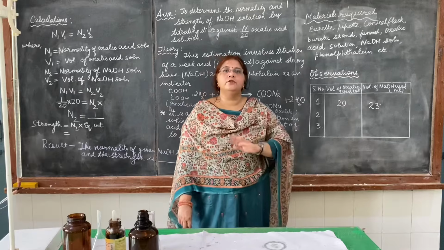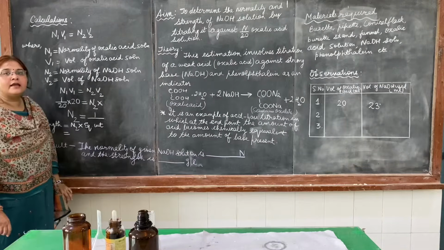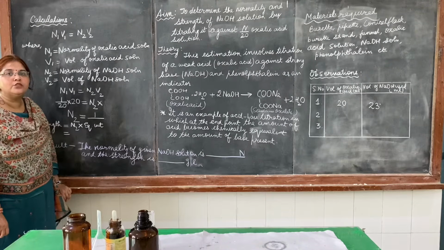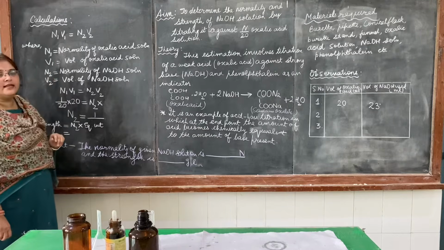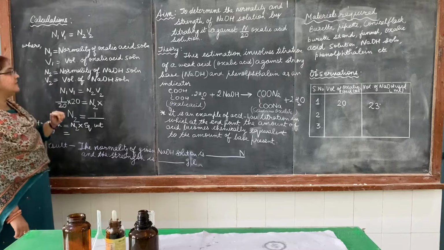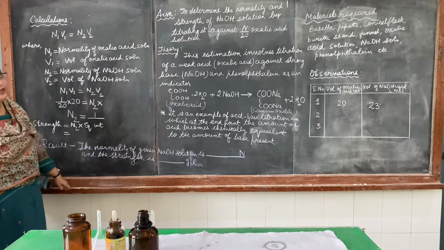When you get the concurrent reading, then come to the calculation part. Here the calculation is done by using the formula N1V1 = N2V2, where N1 is the normality of the oxalic acid, V1 is the volume of the oxalic acid, N2 is the normality of NaOH solution, and V2 is the volume of NaOH solution.